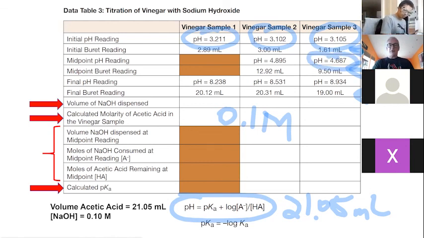So you have the pH. You calculate the concentration of A minus and the concentration of the acetic acid. Take the log of that, and then you calculate the pKa.